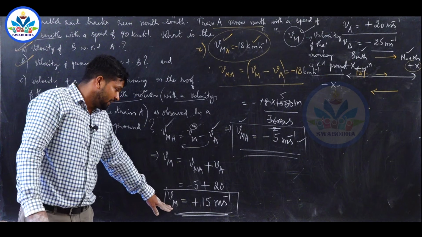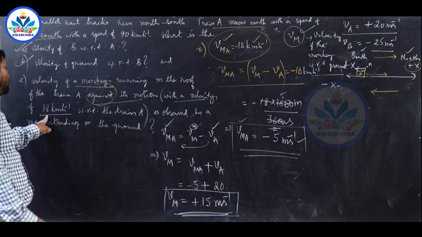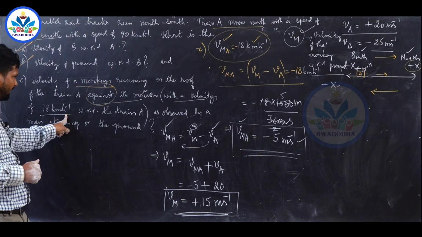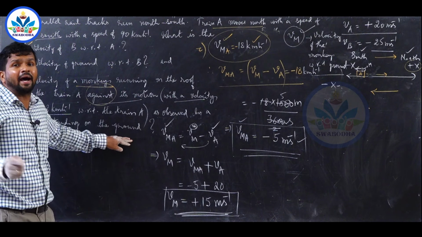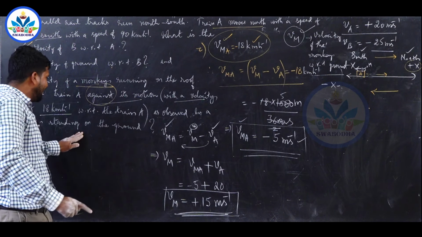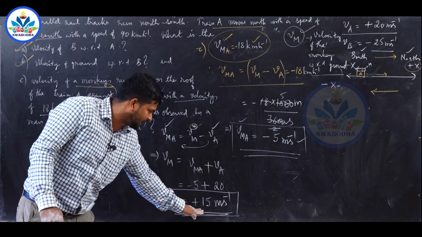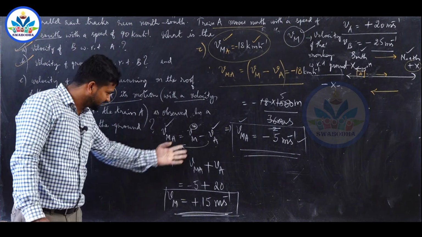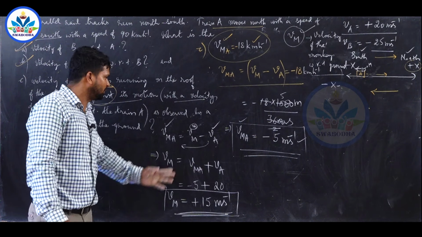Clear? Even though the monkey with respect to train A moves in the negative x direction with a speed of 18 km per hour or 5 meter per second, with respect to an observer standing on the ground, the monkey appears to move in the positive x direction with a speed of 15 meter per second. This is the actual beauty of relative motion between two bodies.